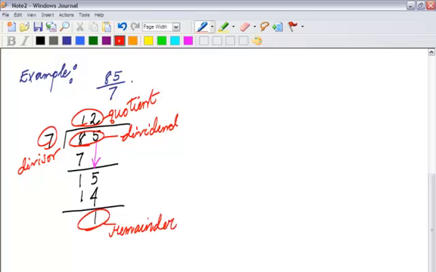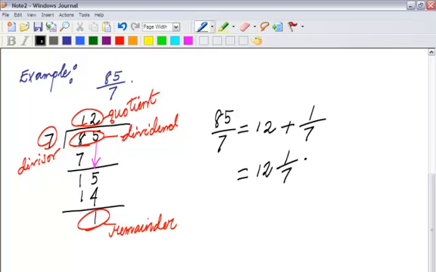Now, what we obtained is that 85 over 7 is the same as the quotient plus the remainder divided by the divisor. In short, we write 12 plus 1/7 as 12 and 1/7.